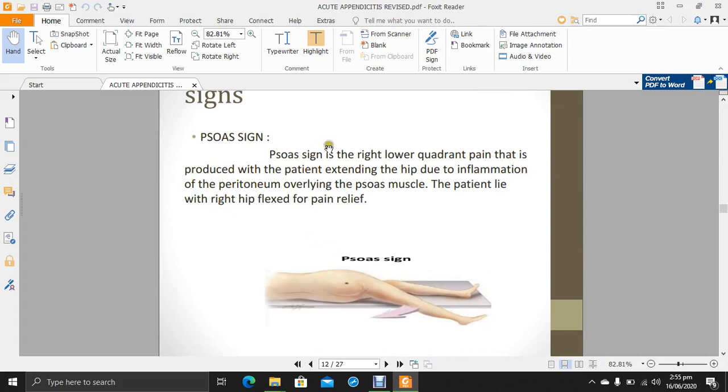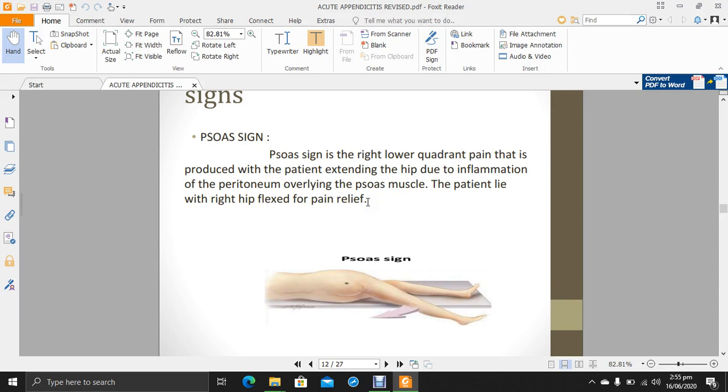The psoas sign is right lower quadrant pain produced when the patient extends the hip, due to inflammation of the peritoneum overlying the psoas muscle. The patient would like to lie with the right hip flexed to relieve the pain.